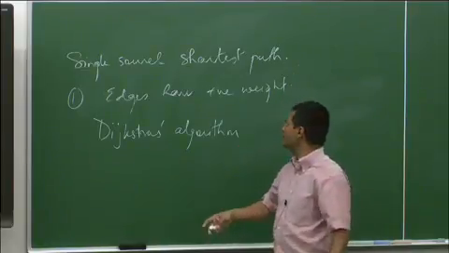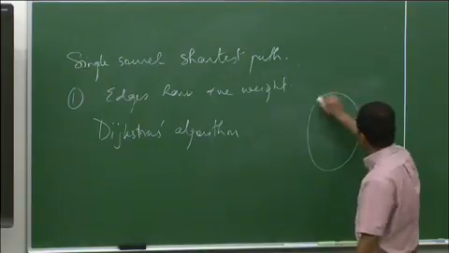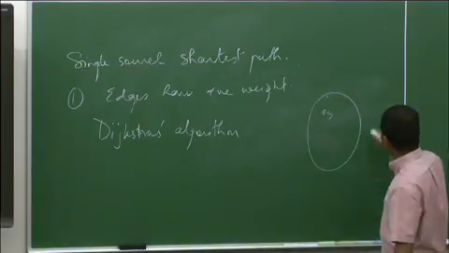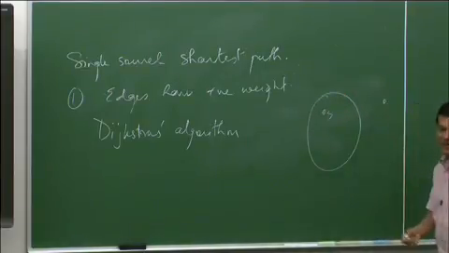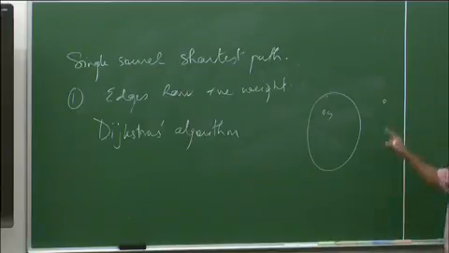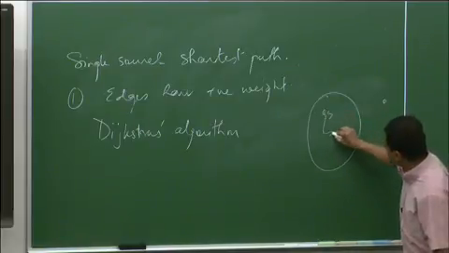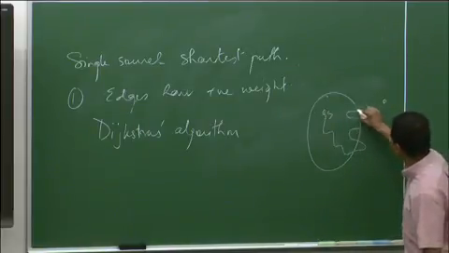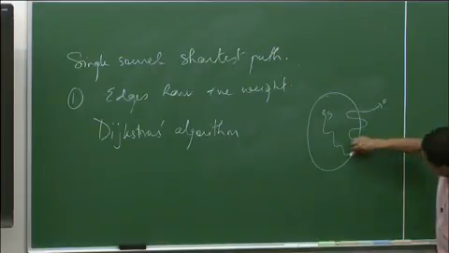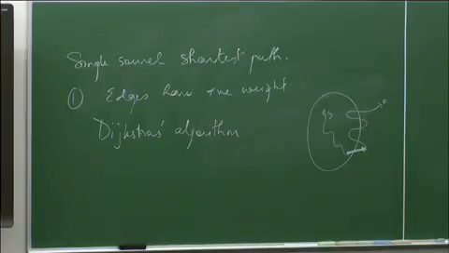The manner in which we proved it was: let this be the source node, and let this be the next node being pulled, but suppose for some reason it is not a node for which we have already hit the shortest path. Then the argument said, let us assume that is the shortest path, and look at the edge where you leave the set S for the first time.